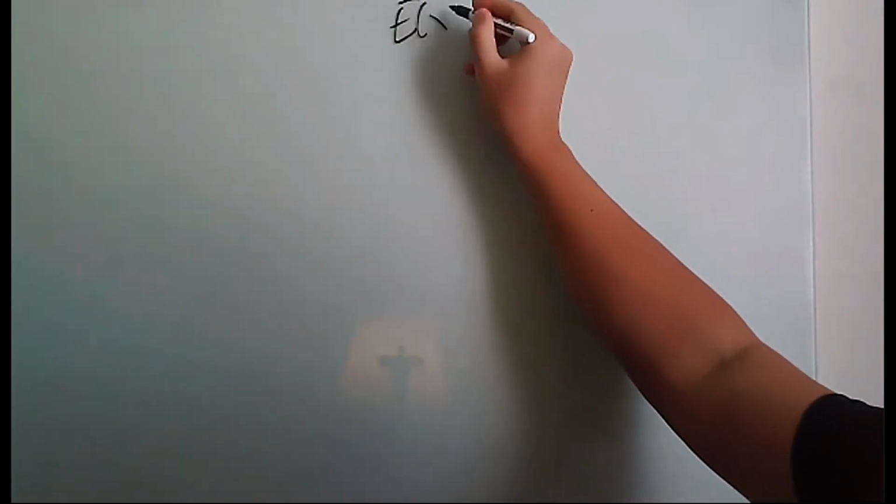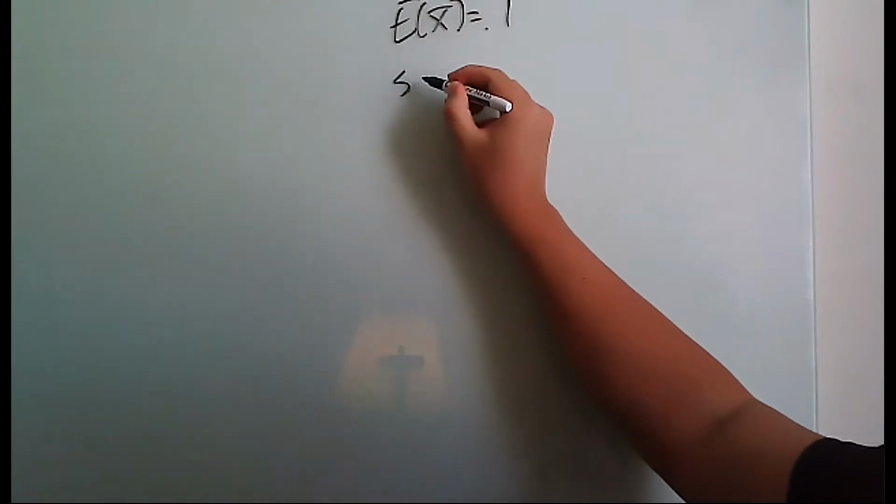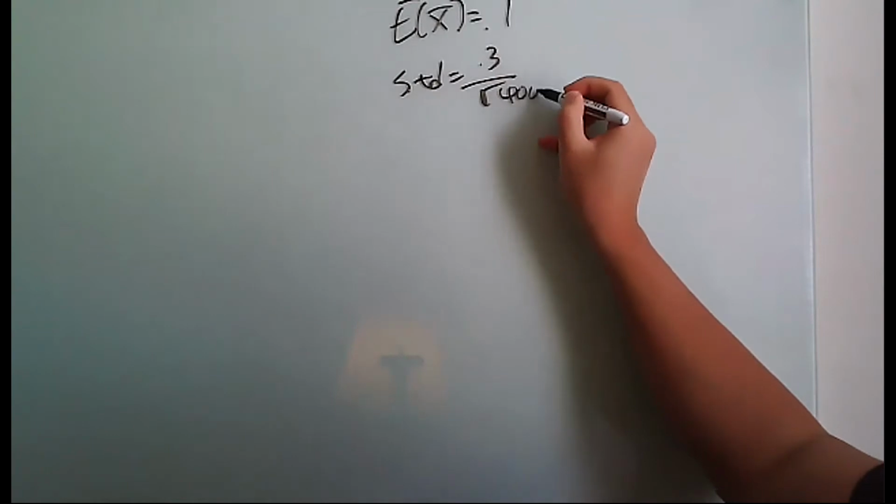For example, we know the expected value of x bar equals 0.1 and the standard deviation equals 0.3 over square root of 400.